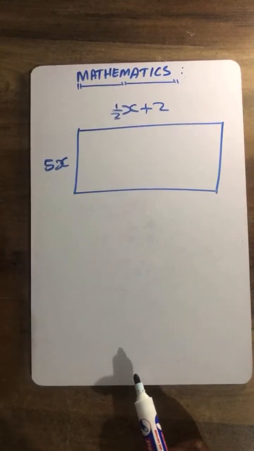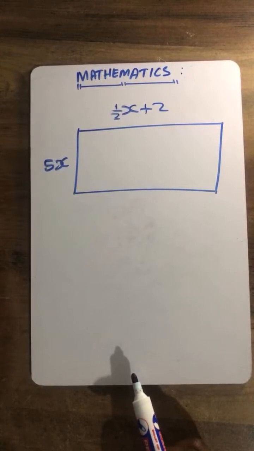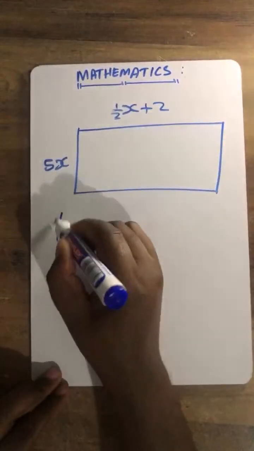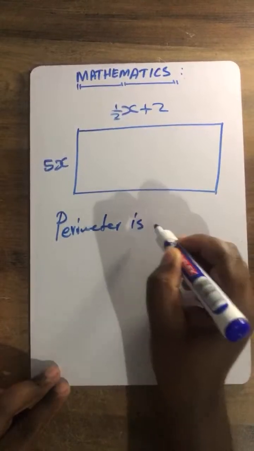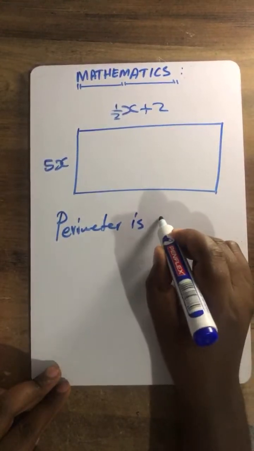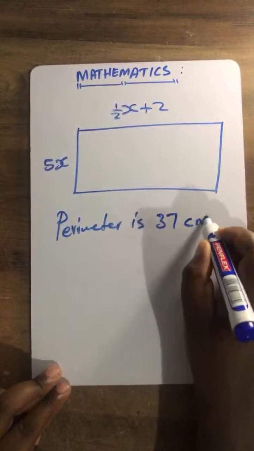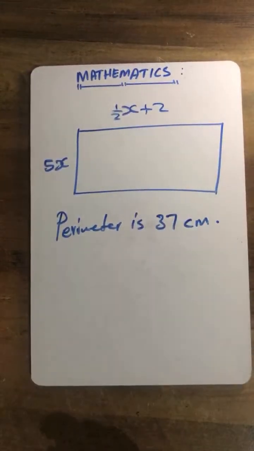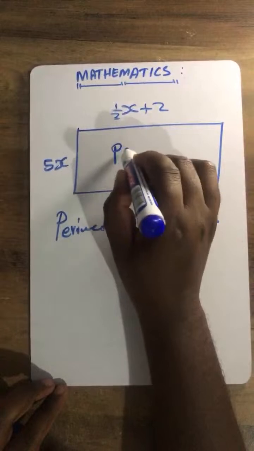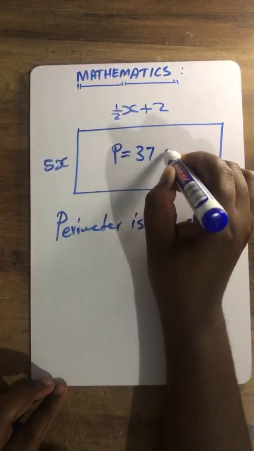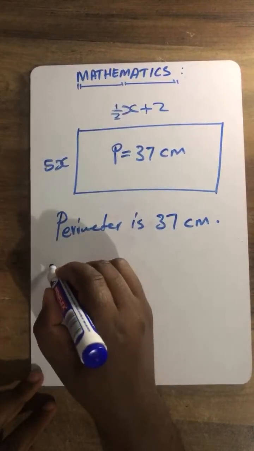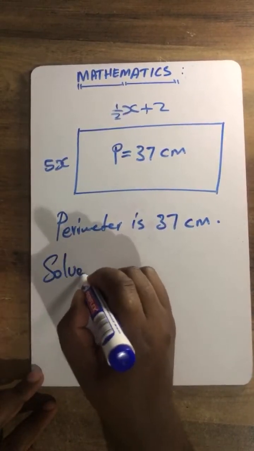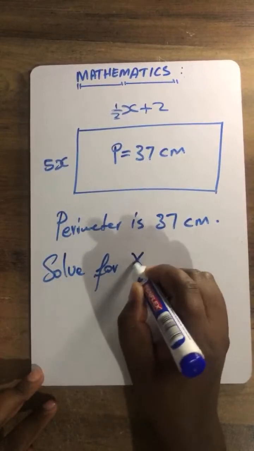And they say the diagram alongside represents a rectangle, and the perimeter is 37 centimeter. Solve for x.